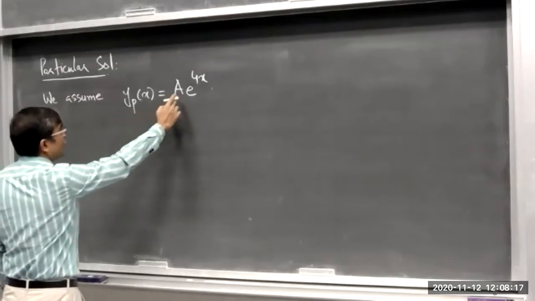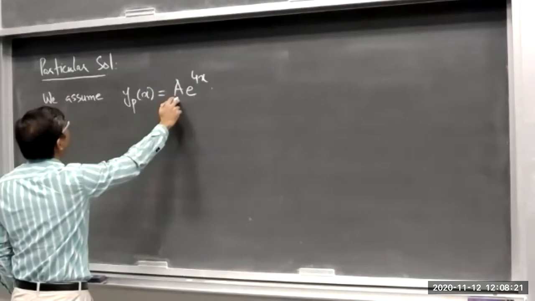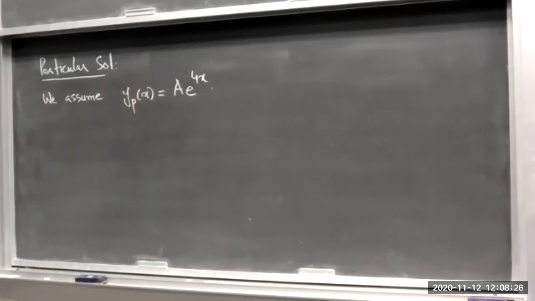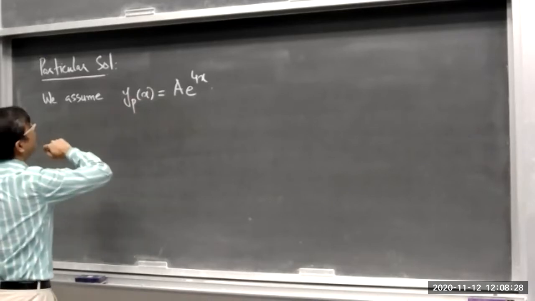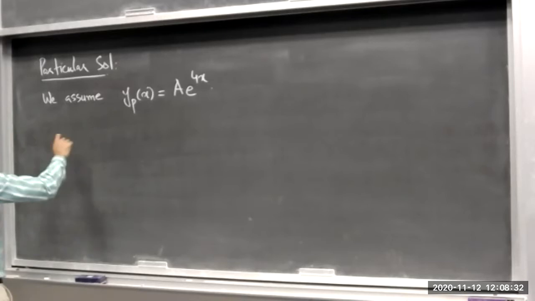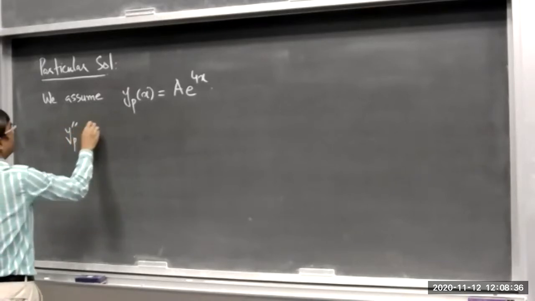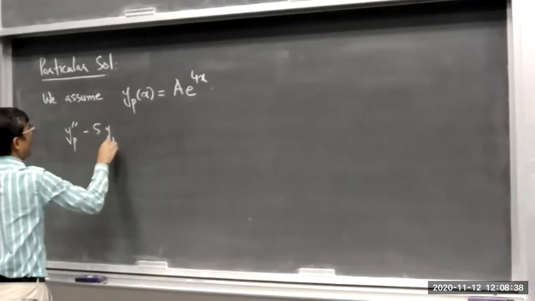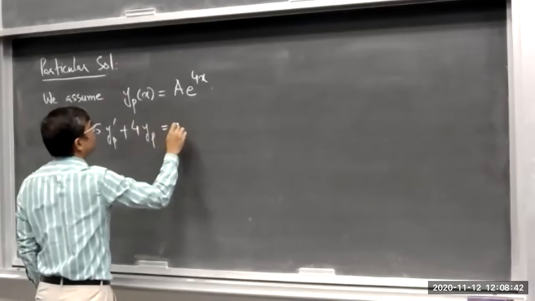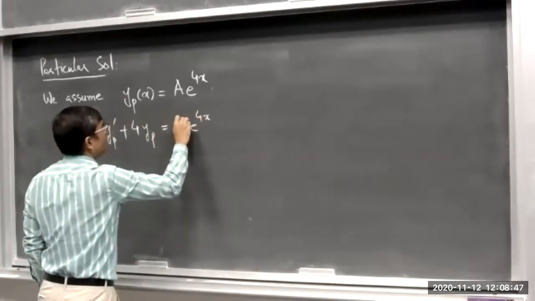So yp is equal to a times e raised power 4x. Now, in order to find this constant a, we insert this yp in the given ODE. If we insert it, we obtain yp double dash minus 5 yp dash plus 4yp is equal to 8 e raised power 4x.